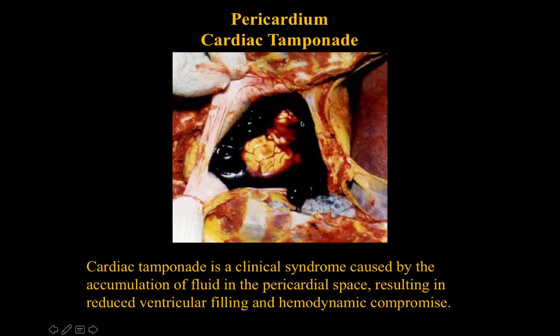And that condition, being called cardiac tamponade, would mean that the area around the heart, in between the heart and the pericardium, would fill with fluid and then end up strangling the heart until it stopped.